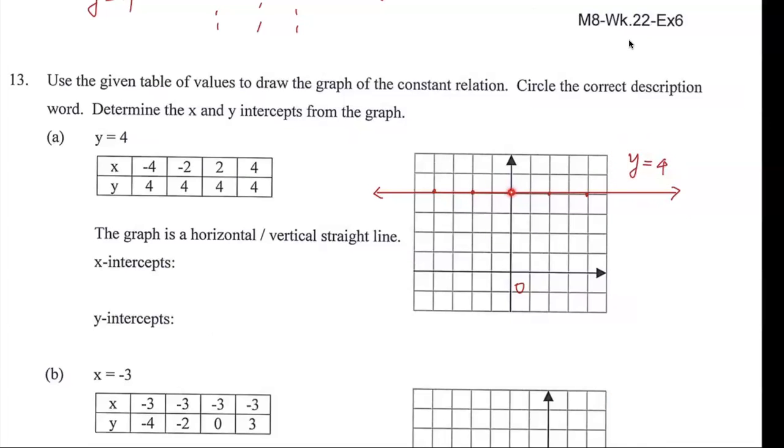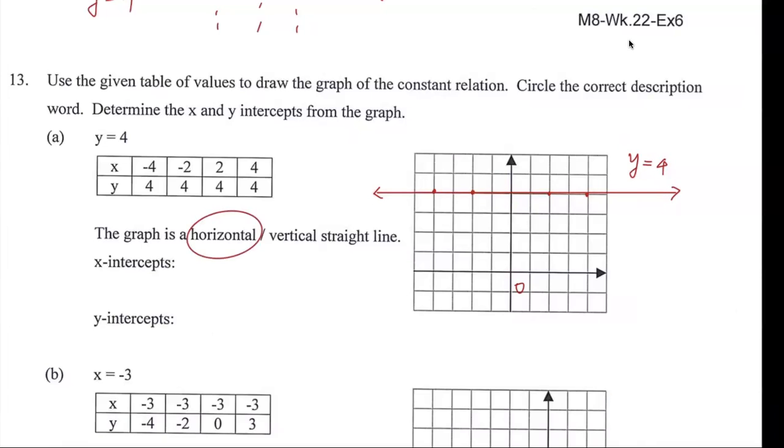For example, this point has 0, 4. This point has 2, 4, minus 2, 4, right? This is minus 1, 4, minus 3, 4, etc. So all the points on this straight line have the same y value, but different x values. Okay, so this straight line is a horizontal straight line.